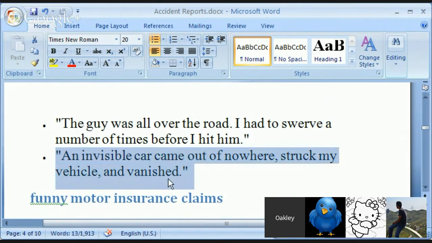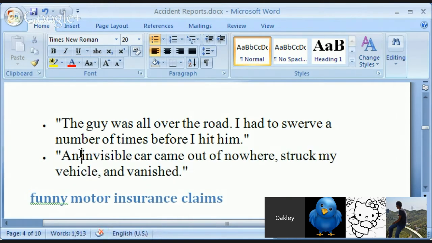How about this one here? "An invisible car came out of nowhere, struck my vehicle, and vanished." Wow. Ghost car, I guess. This is a hit and vanish case.